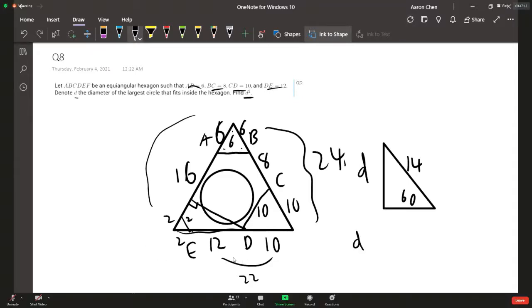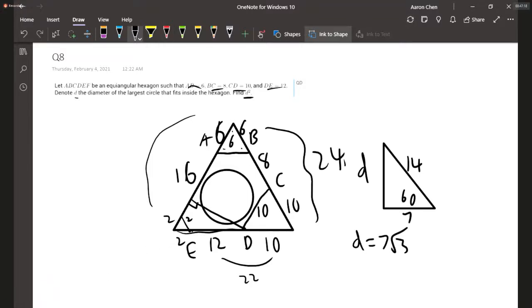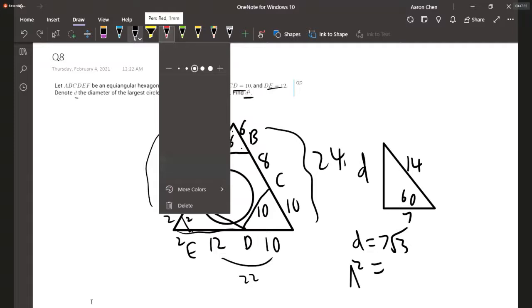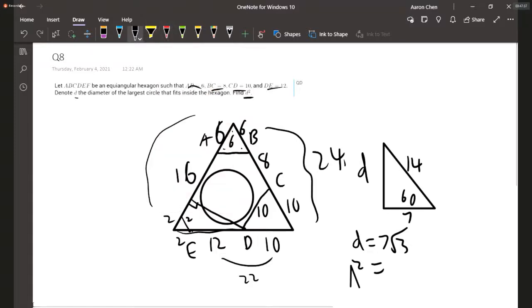From this, we just have that D is equal to 7 root 3. So D squared is equal to 147.